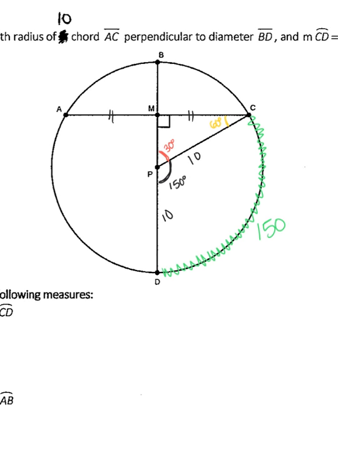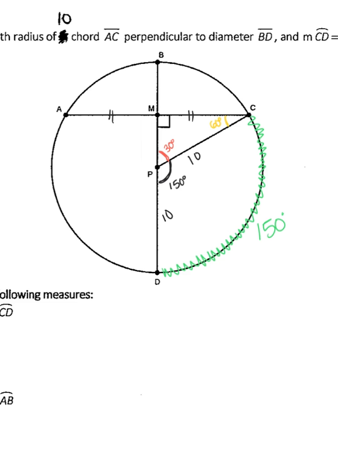Be careful. The length of arc CD, I'm asking for a length, not a measurement. So I am not asking for how many degrees this is. I'm asking for an actual length, like in centimeters or inches. This is one where we have to use a formula.